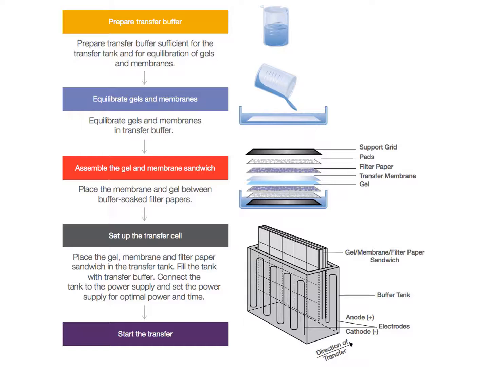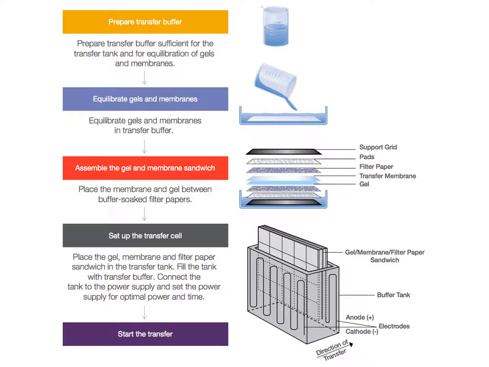Proteins have a negative charge if they're SDS treated, and proteins move out of the gel because it's porous, remember, acrylamide has pores, and the proteins leave those pores and hit that membrane.